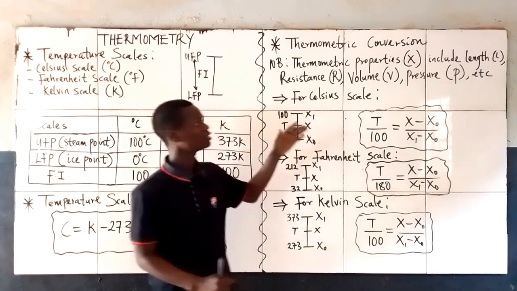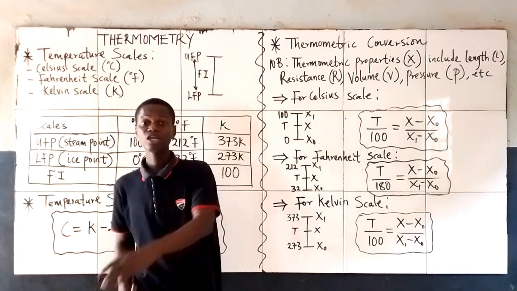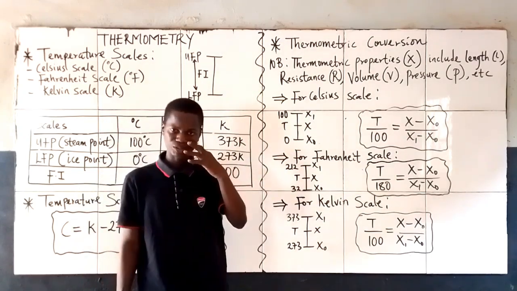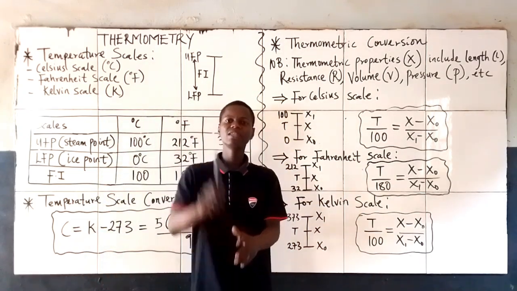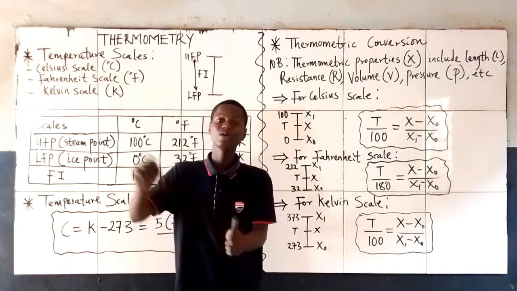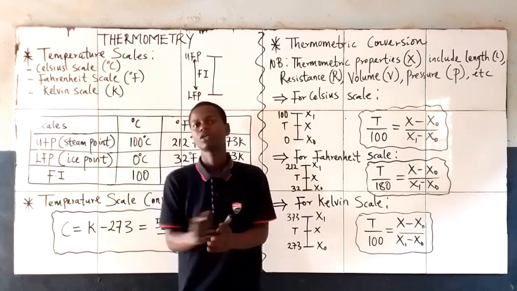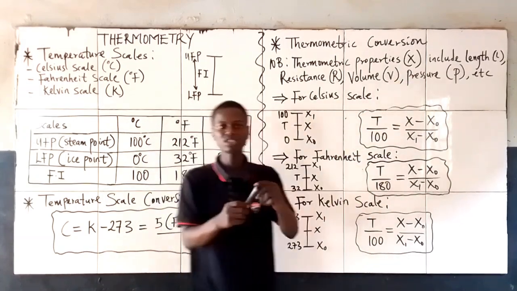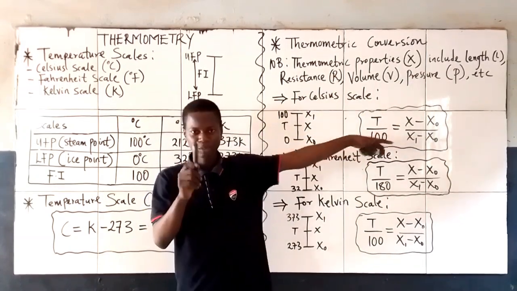Converting different thermometric properties into their reading with all these major types of scales. Okay, so you'll be given a non-standard thermometer and you'll be asked to find the reading with a standard thermometer. Like saying, if this is a non-standard thermometer, this thermometer was gotten using some other thermometric property.